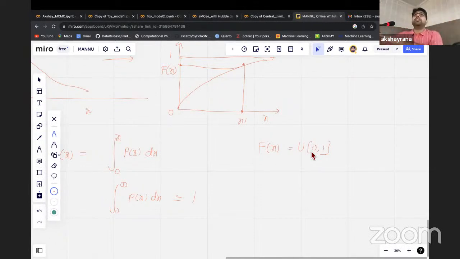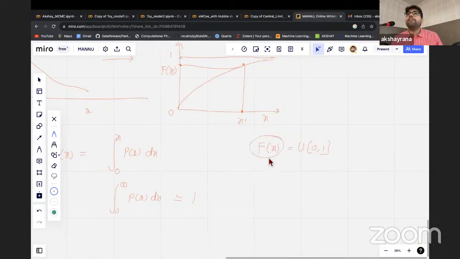If I am able to generate uniform random numbers in the range 0 to 1, both these distributions have values between 0 and 1. So I'm equating F(x) equal to u.